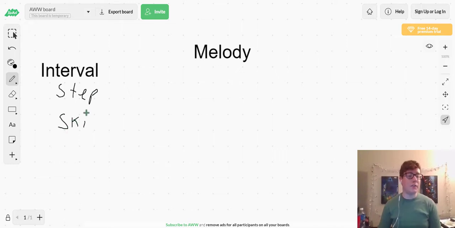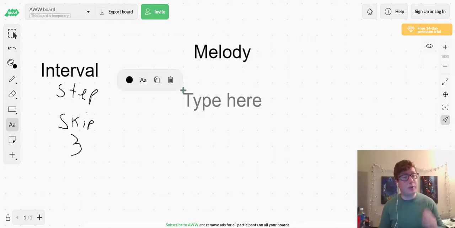There's a lot of different types of skips, and we're going to only be a little specific today about it. I'm going to go over a few of them. But once you kind of get the idea of it, you can do any kind of interval that you want, any kind of skip.